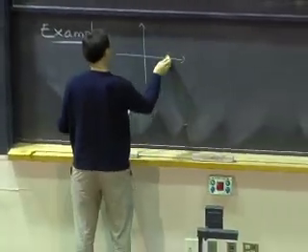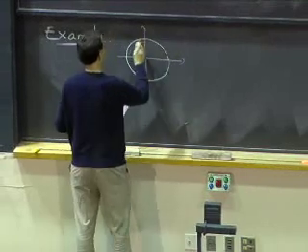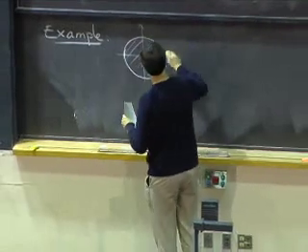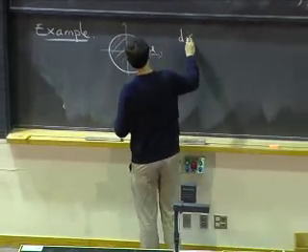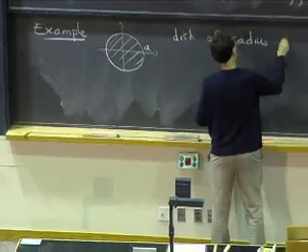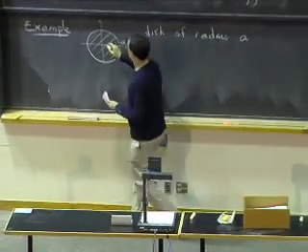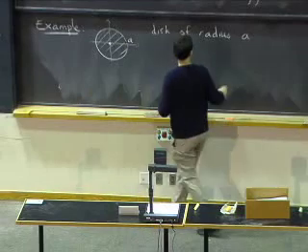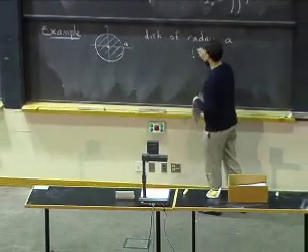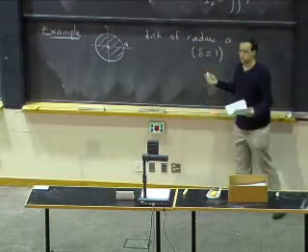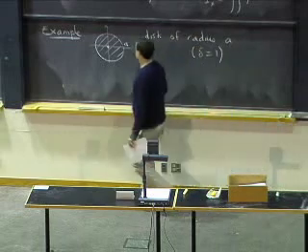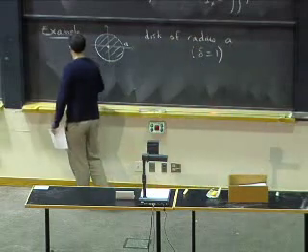Say that we have a disk of radius a, and we want to rotate it about its center. And let's say that it's of uniform density, and let's take just the density to be 1, so that we don't really care about the density. So what's the moment of inertia of that?